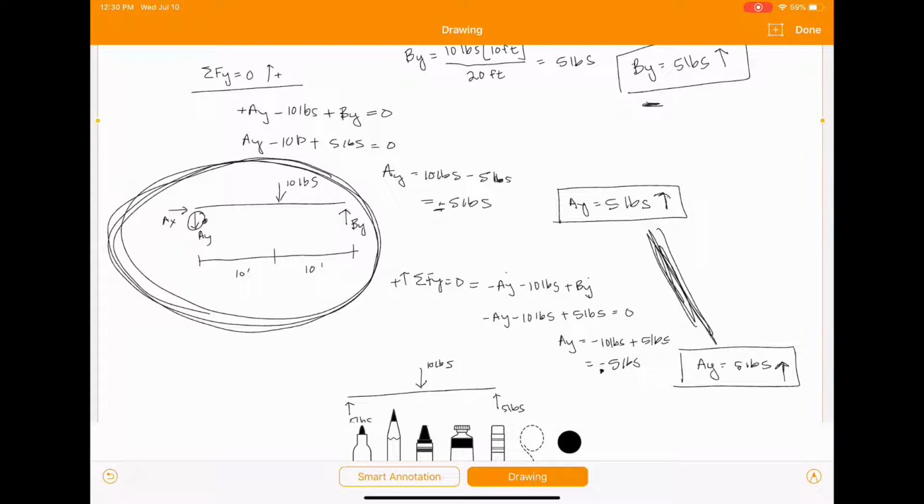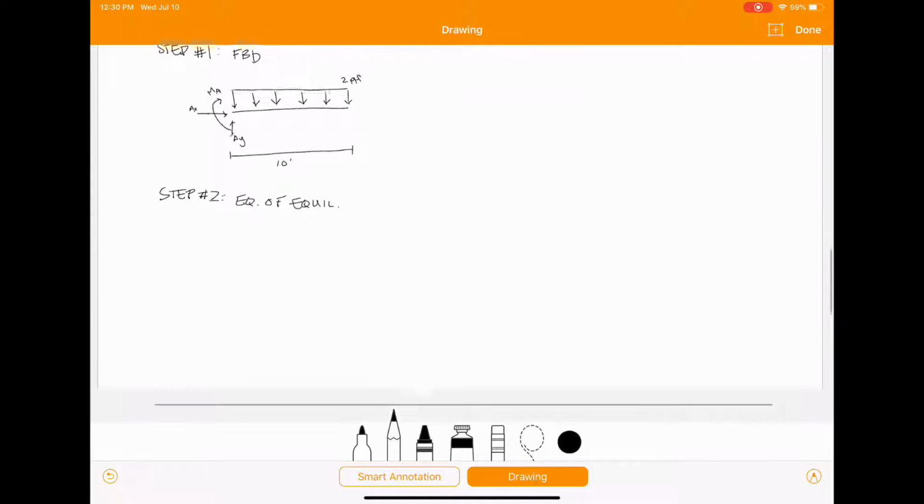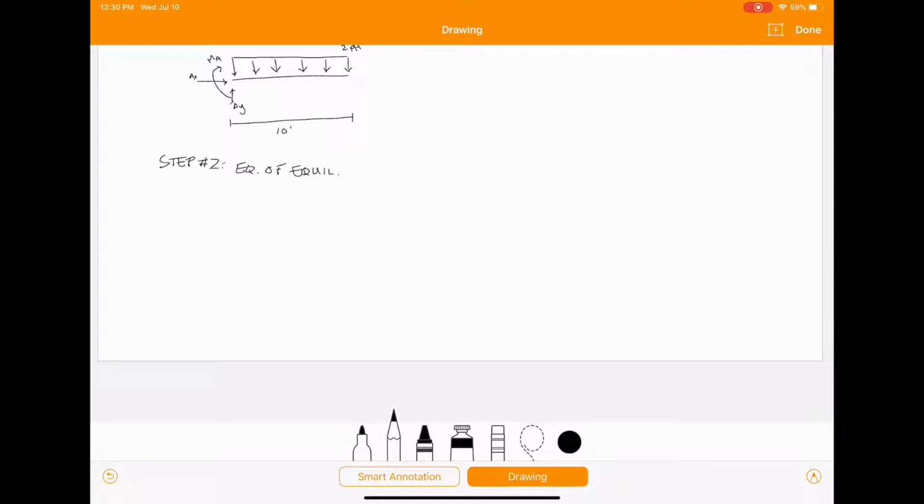We'd have to do the moment equation, then come back to the forces y equation and plug it in. So you have to loop back if you want to do sum of forces y first, which is fine. You're going to, again, get the same answer. I just feel like it flows a little bit better if you do the sum of moments first.